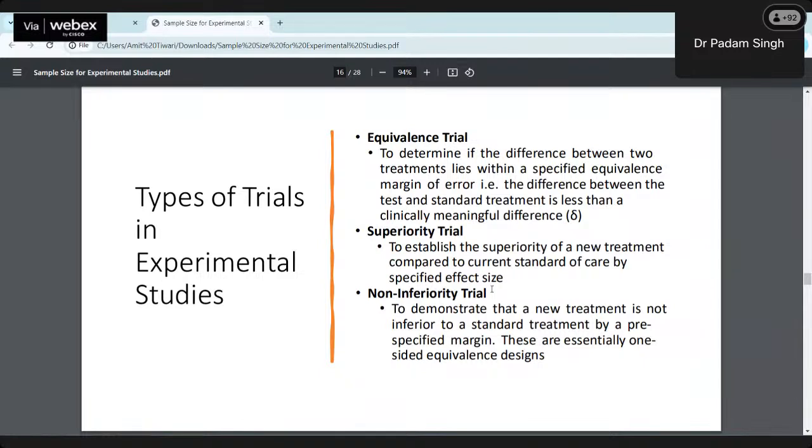So one is equivalence trial. इक्विवेलेंस ट्रायल में मींस we are comparing two drugs and it is to determine whether the difference in the outcome is within the specified limit.